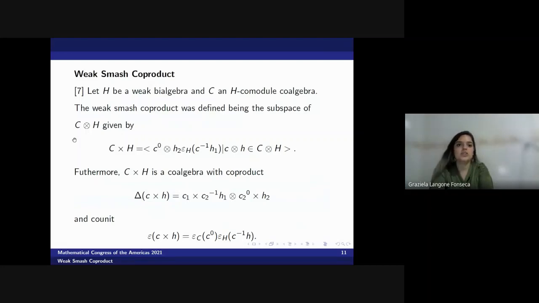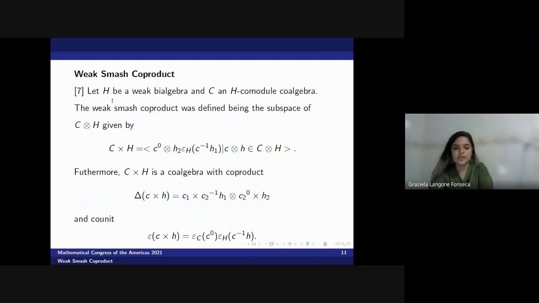The weak-smash coproduct was defined as the subspace of C tensor H given by C times H. Furthermore, C times H is a coalgebra with this coproduct and this counit. As I said, the principal idea of this work is to find the necessary conditions to turn the weak-smash coproduct into a Weak-Hopf algebra.